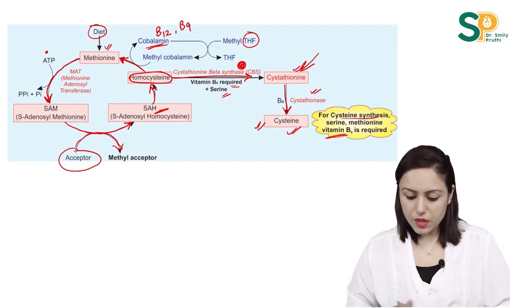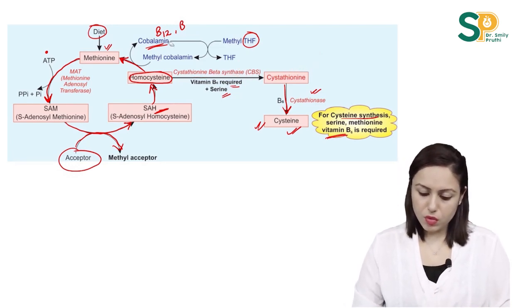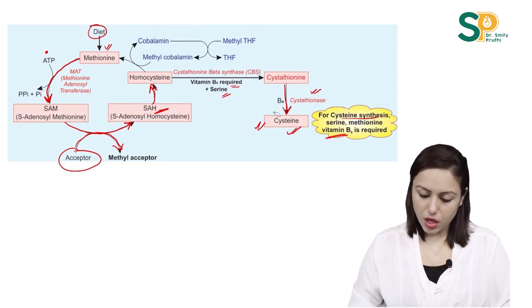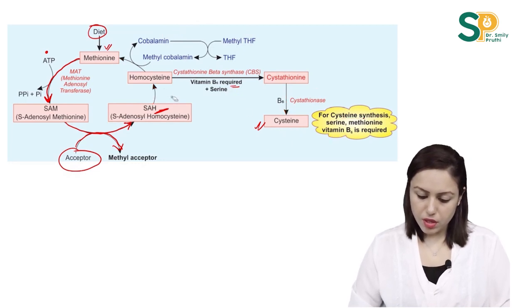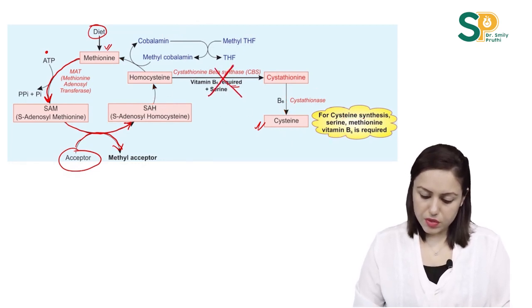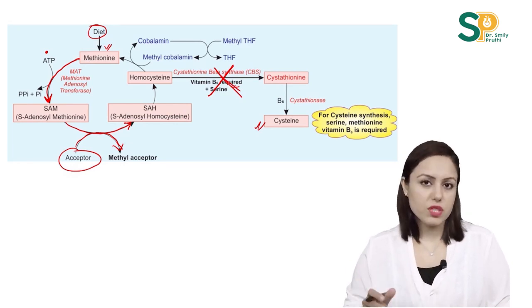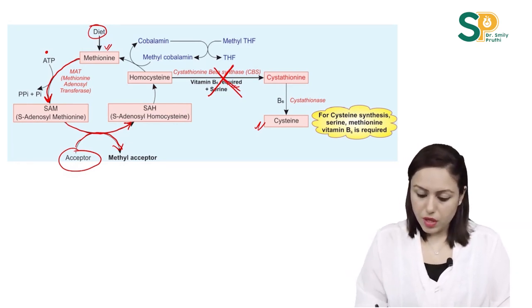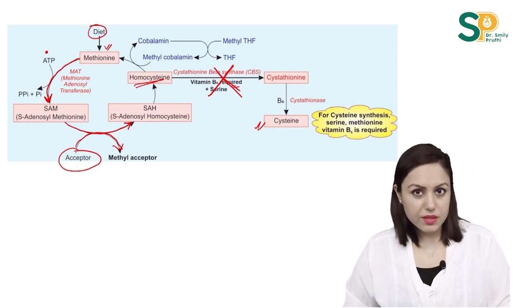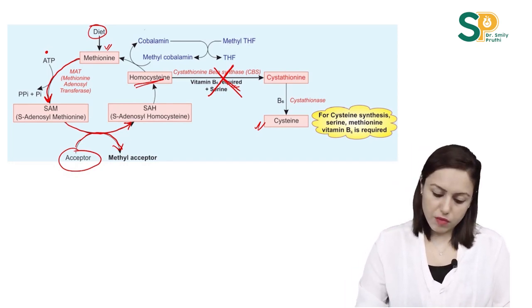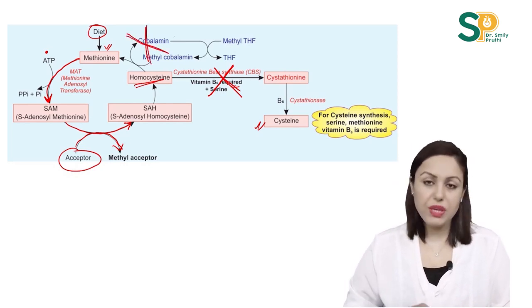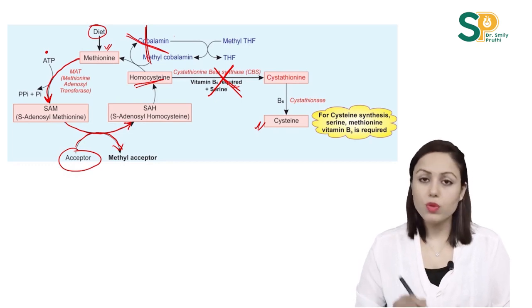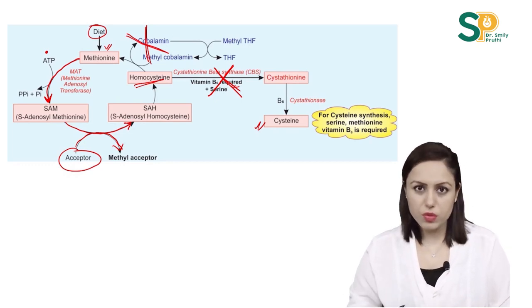Okay. Now, what happens in homocystinuria? How can homocystinuria occur? If this enzyme is not working or this pathway of cysteine formation is defective, then homocysteine will be increased, or if there is deficiency of vitamin B9 or B12, then homocysteine is not converted to methionine.